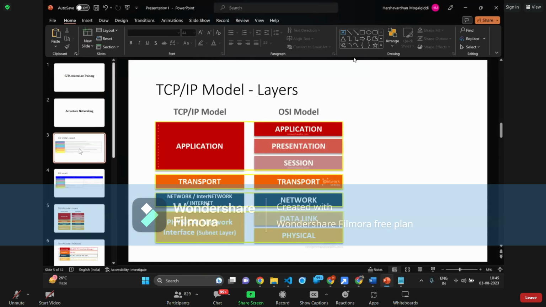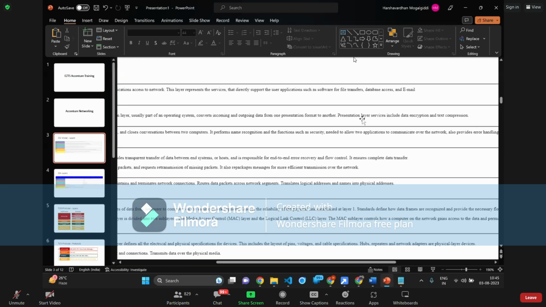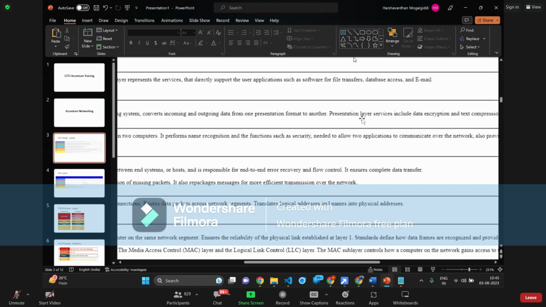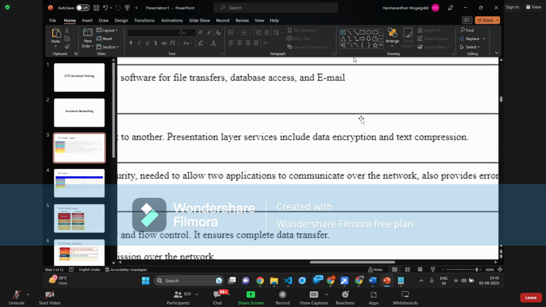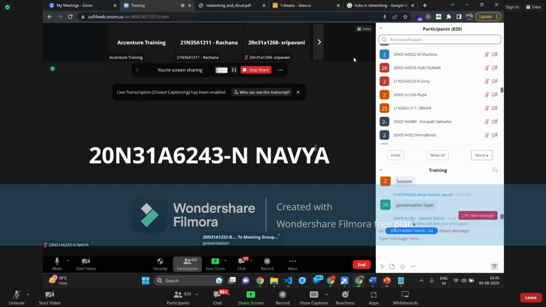Let me go back and see. Yeah, see. What does it say? Presentation layer services include data encryption and text compression. Agreed? Moral of the story is keep your eyes focused.